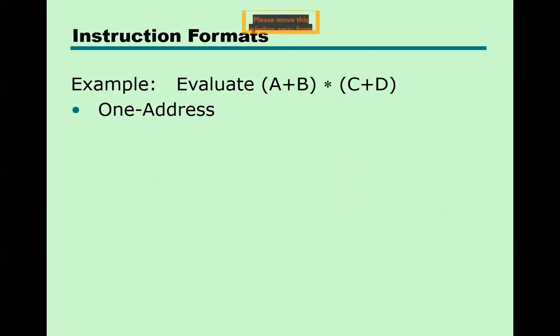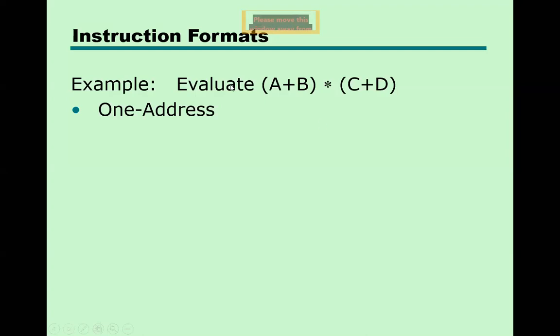So we have seen the different instruction formats, the 3 addresses and the 2 addresses. You might even have used this kind of concept in your C programming, right? You use 2 variables, 3 variables.